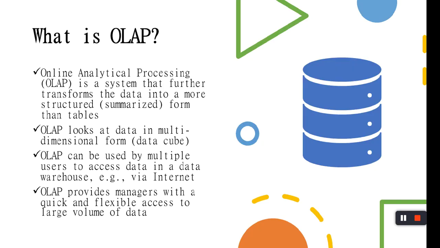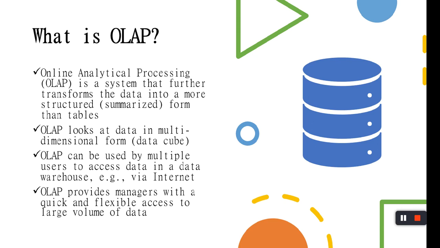So what is OLAP then? So aside from spelling out what OLAP stands for, now we all know OLAP stands for Online Analytical Processing. So let's define it so that we would be able to understand it further. So as defined, OLAP is a system that further transforms the data into a more structured or summarized form than tables.